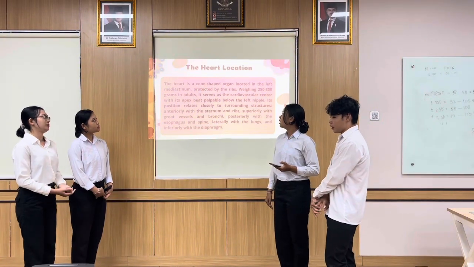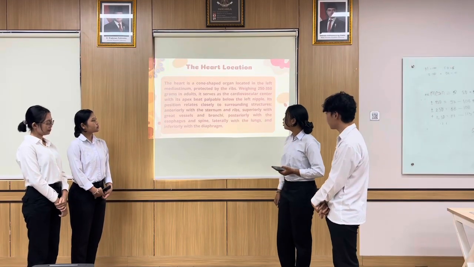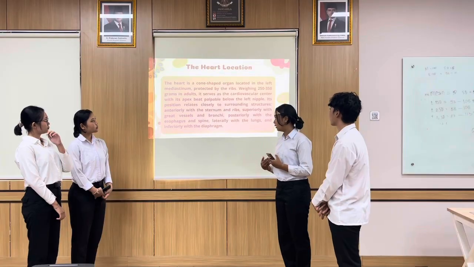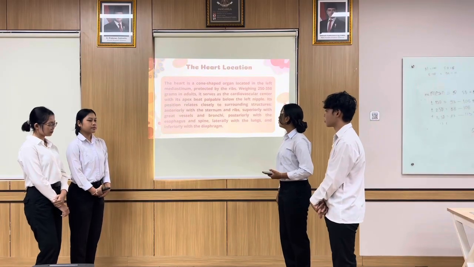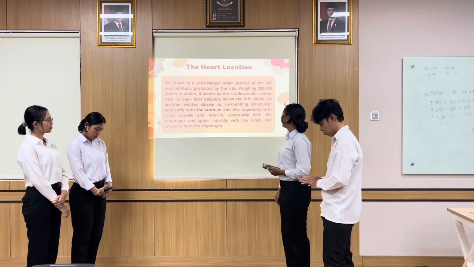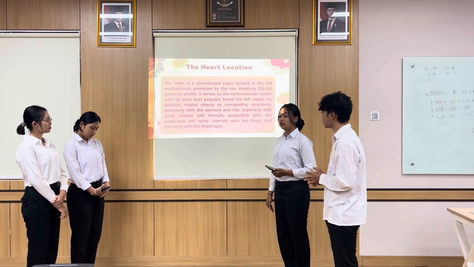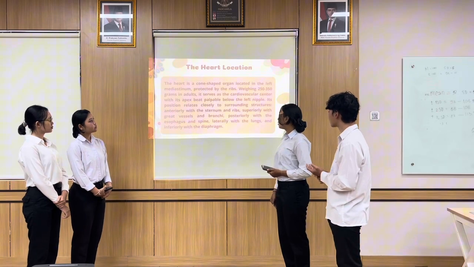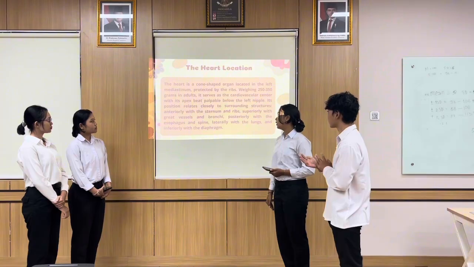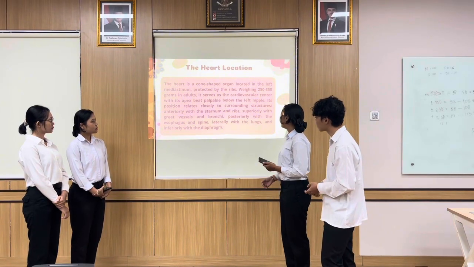Okay, the next one is the heart location. The heart is a cone-shaped organ located in the left mediastinum, protected by the ribs, weighing 250 to 350 grams in adults. It serves as the cardiovascular center, with its apex being palpable below the left nipple.